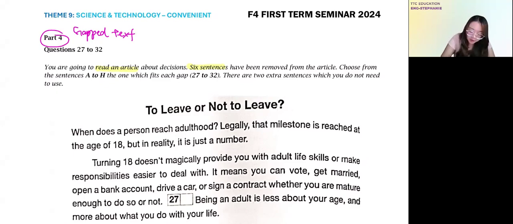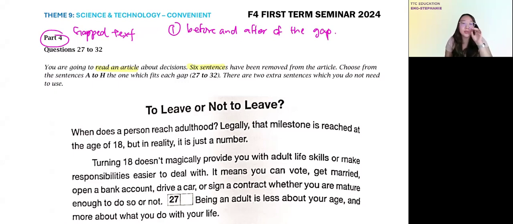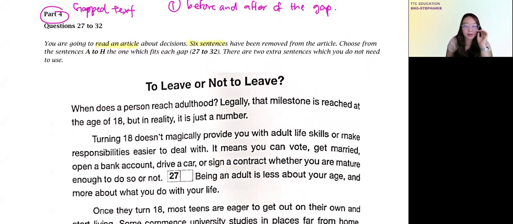So my suggestion is, the first thing first, you have to look into the before and after of the gap. What does that mean? All right. You need to read through and identify what is in the sentence before and also what is in the sentence after the gap.